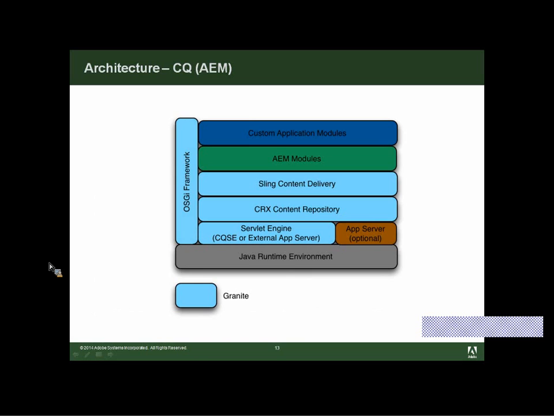All of these basically run inside the OSGI framework, where inbuilt services which control the capabilities of the server are also implemented as OSGI services, and your custom applications are also implemented as OSGI services, which you write in Java.